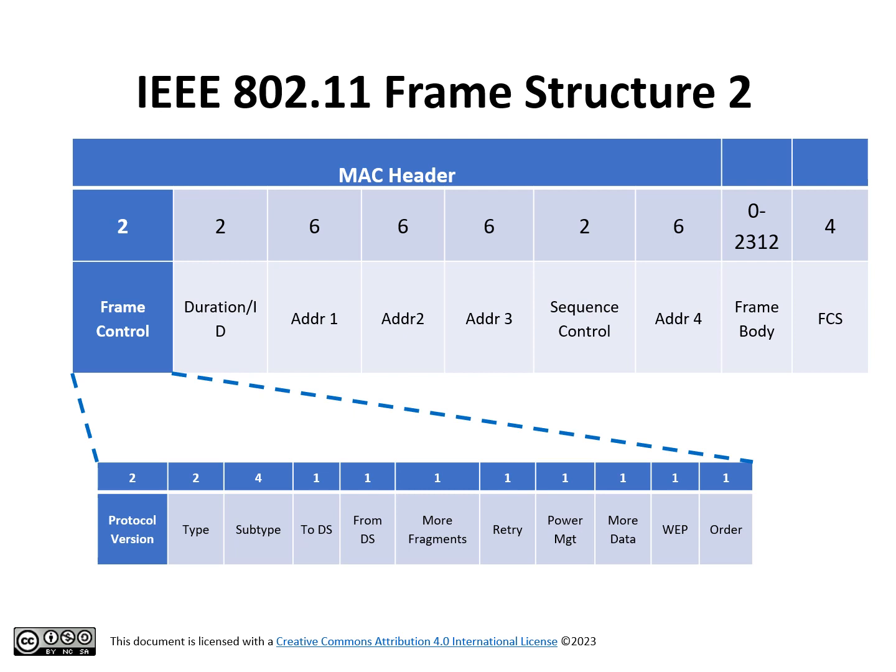More data. This field indicates to a station in power save mode that the access point AP has more frames to send. It is also used for APs to indicate that additional broadcast or multicast frames are to follow. WEP. This is the wired equivalent privacy WEP flag.